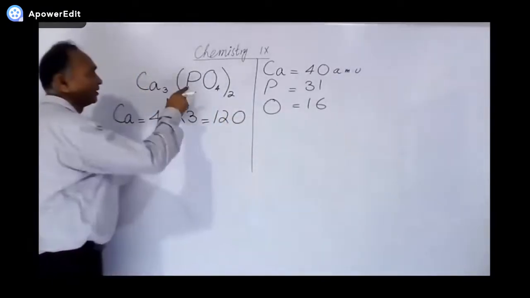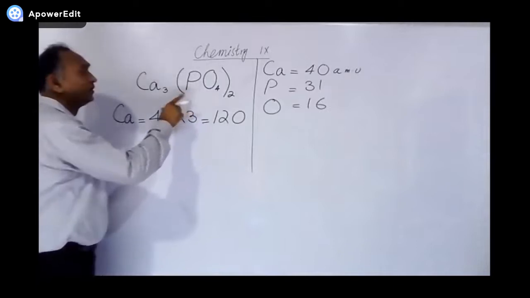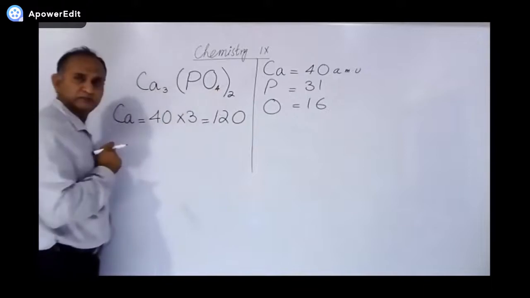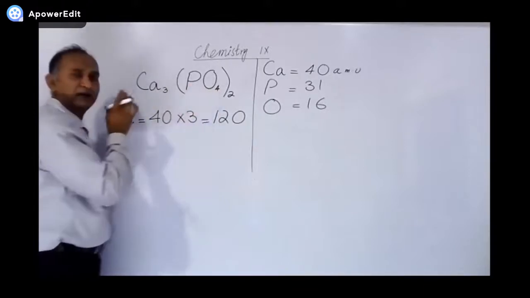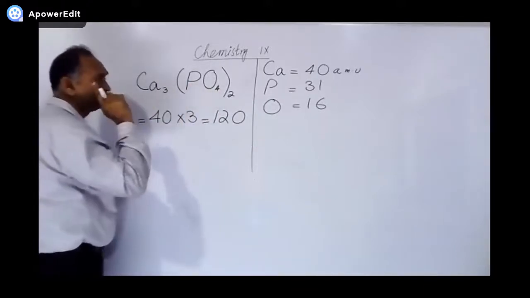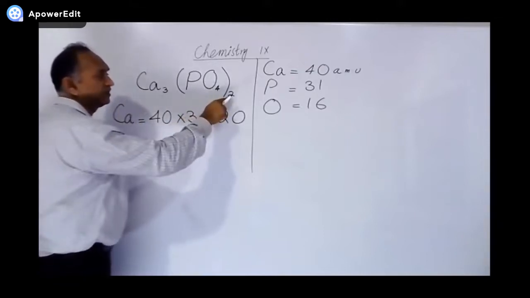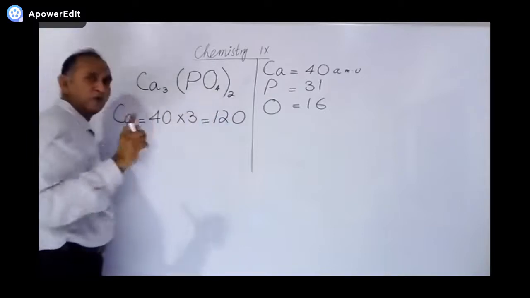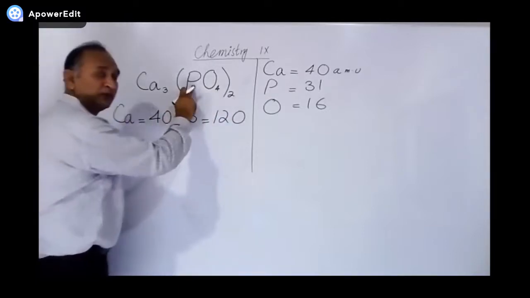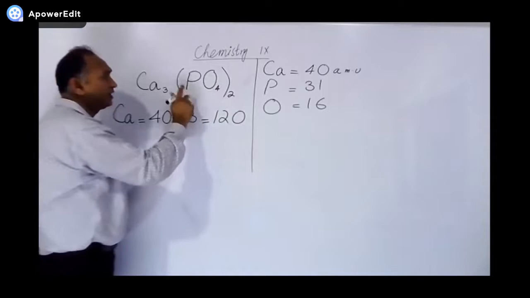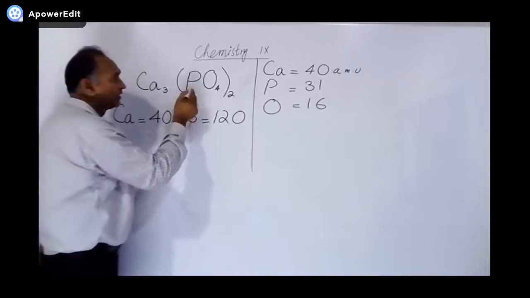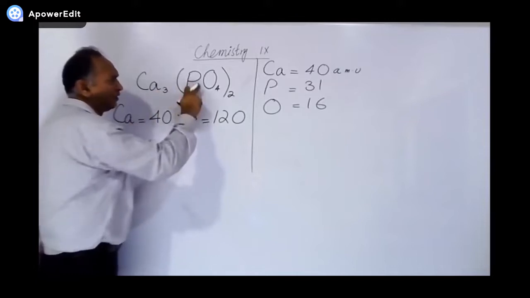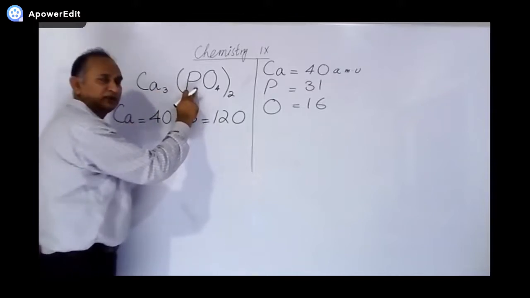Next, phosphorus. Now phosphorus or P is inside the bracket. So whenever you see an element inside the bracket, you have to consider the number which is written outside the bracket. Okay? Now, one more question. How many phosphorus do we have here? No number is written. That is why we consider that one is written here.